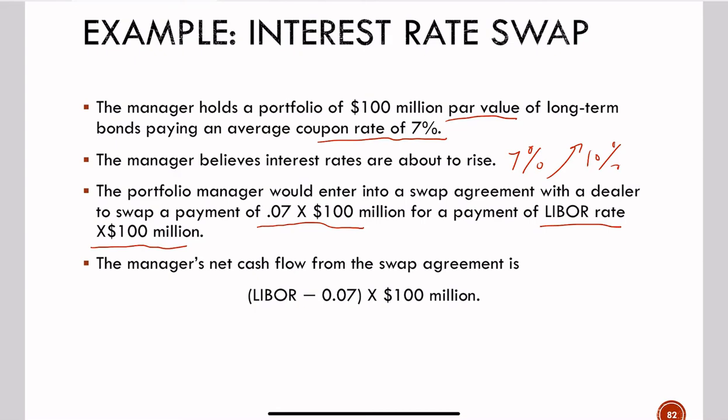Another way is you could use a fancier method. In this case, you can enter into a swap with a dealer. Typically, this dealer will be a bank. So you can enter this agreement with a dealer. This agreement will say something like this.